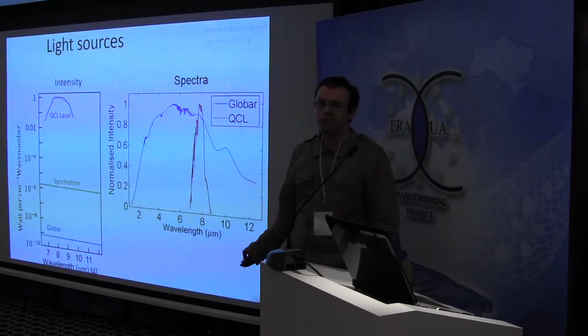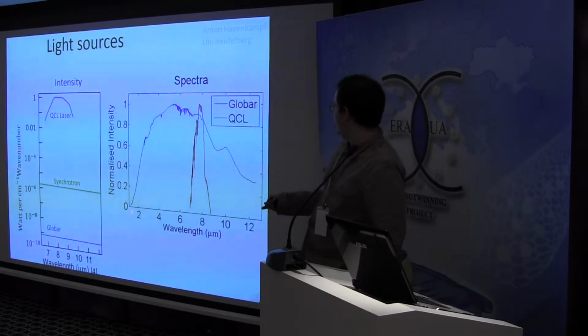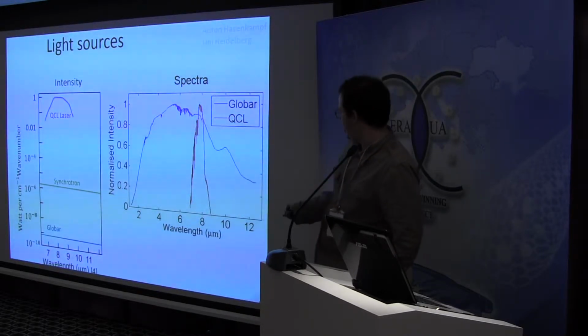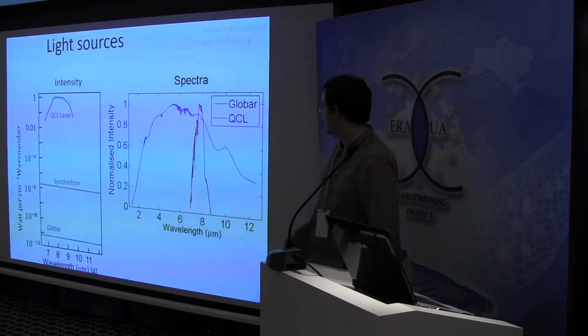On the left side you see the spectral image of our globar, and in red the picture of the QCL. As you can see, the QCL is quite narrow. It's going, like I said before, from 7 to 9 micrometers.